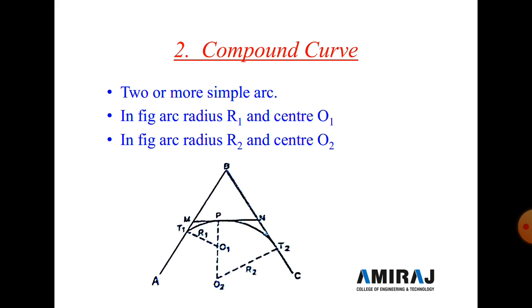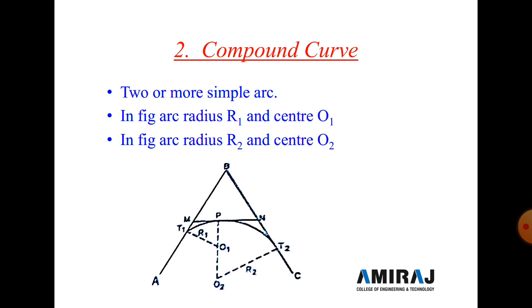Now second is the compound curve. Exactly, you see in the figure of a compound curve, two radii of curvature, R1 and R2, are used. Here R1 is less than R2, and both curves are joined with each other at point P, and we draw the tangents T1 and T2 to the main straight line. Clear?